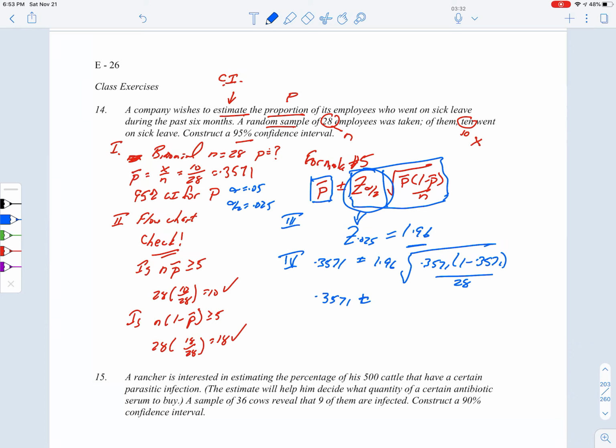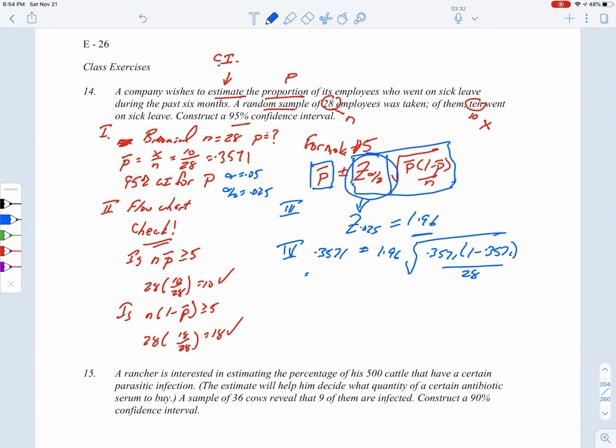And that's going to give us 0.3571 plus or minus, and sorry, I'm just going to write that a little higher because I need to get the answer in there. So that's going to be 0.3571 plus or minus 0.1775.